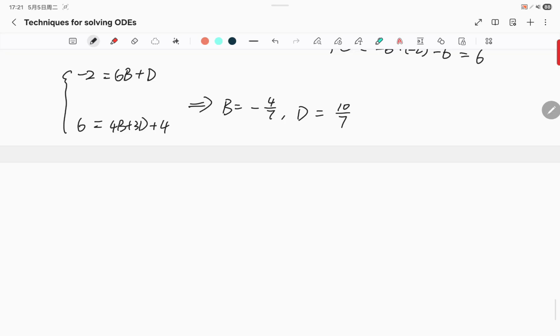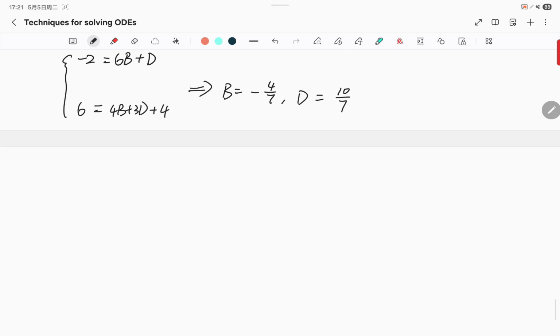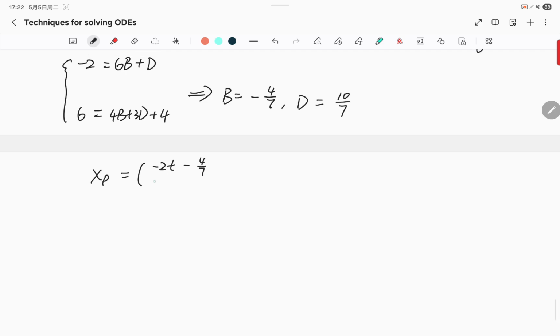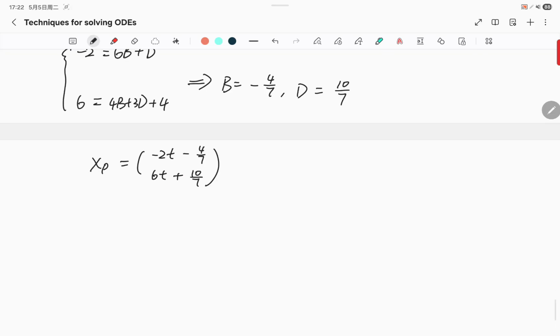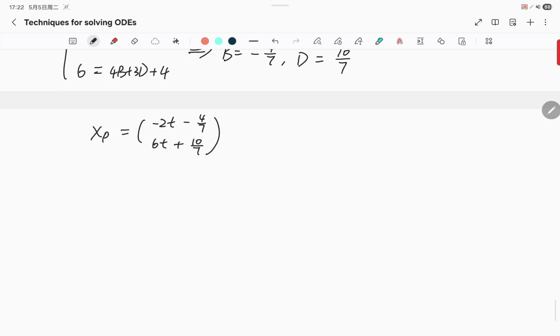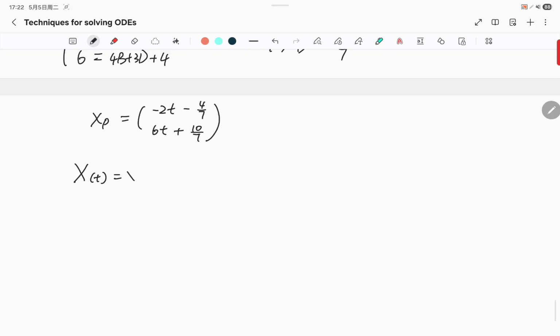So in the end, the particular solution x_p is this: at plus b, and ct plus d. So the final x is x_c plus x_p.